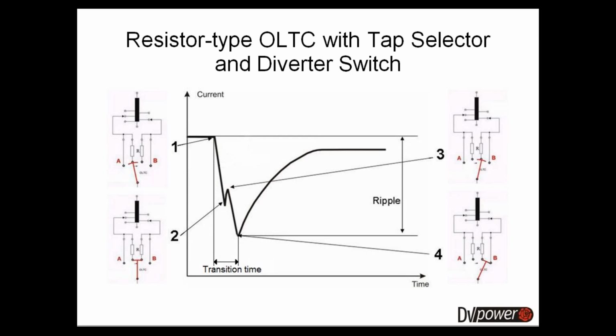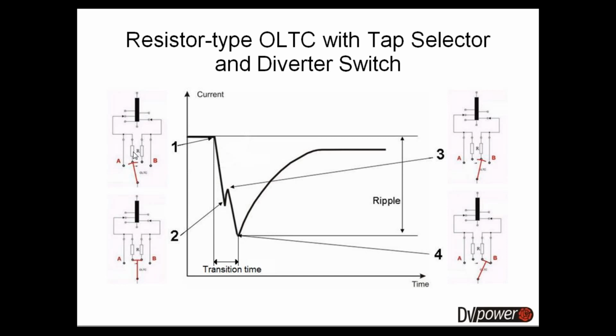For example, here I will focus on the Reinhausen type M tap changer, which is a very common type worldwide, and which operates using two transition resistors as temporary carriers of the loads while it is going from position A to position B.